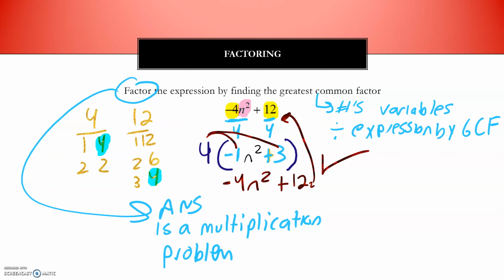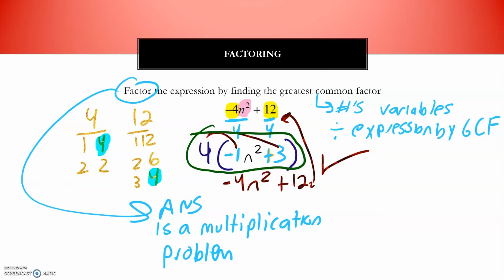So this is the factored form, 4 parentheses negative 1n squared plus 3. Okay, so that's factoring by GCF. Find the greatest common factor for the numbers, find the greatest common factor for the variables, divide, write your answer as the GCF times the remainders from that division, what's left after you divide.